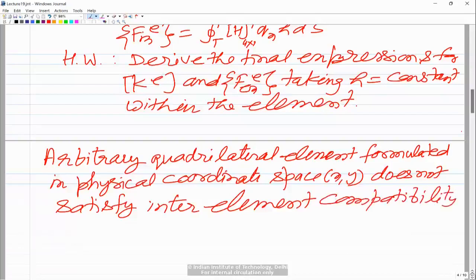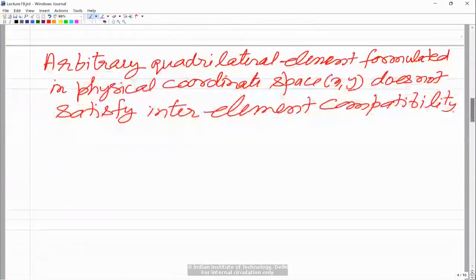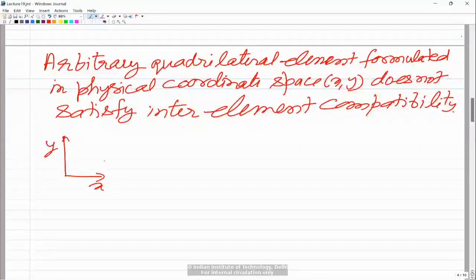So let's argue this out. Since this is an arbitrary quadrilateral, I am going to write the approximate solution in terms of the global coordinates x and y. Arbitrary quadrilateral means edges are not parallel to x and y.